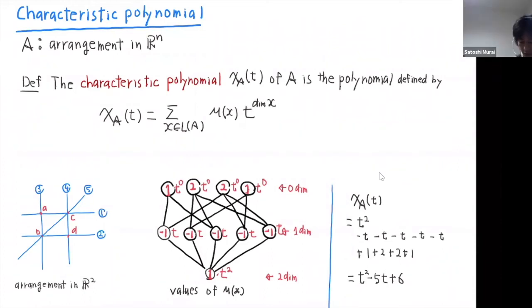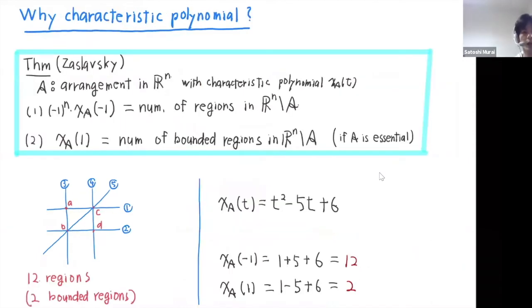This characteristic polynomial is interesting because it contains many interesting combinatorial informations. And I want to introduce two basic results about this topic. The first thing is what people call Zaslavsky's theorem.